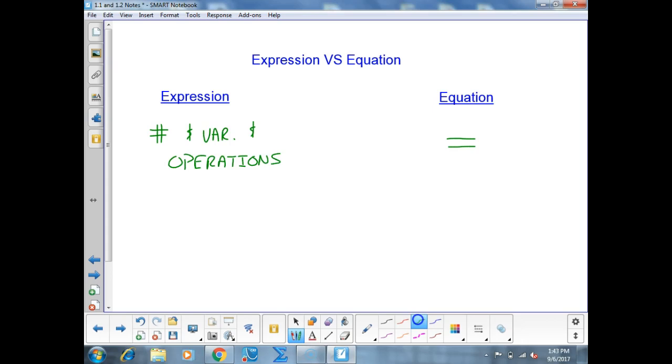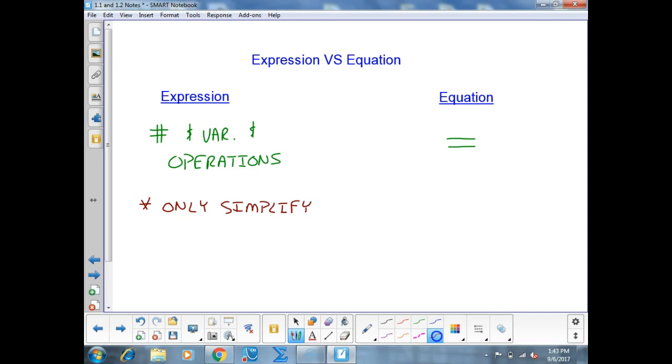So much so that with an expression, you can only simplify. You can only combine like terms. You can only distribute. There's no sides to anything.